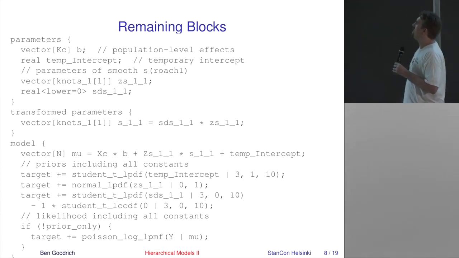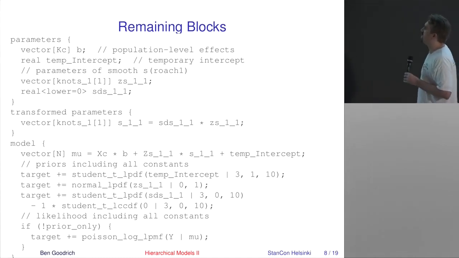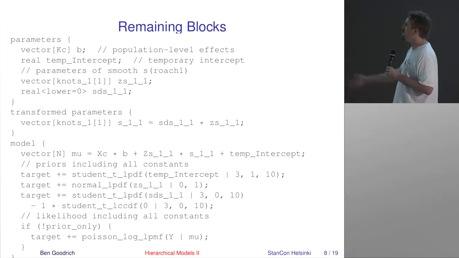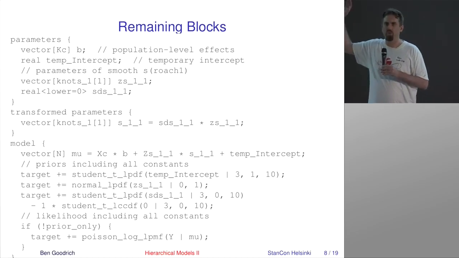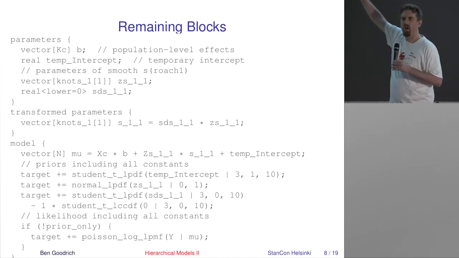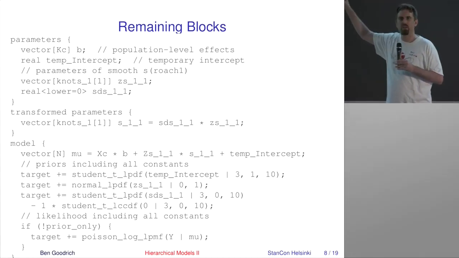And then, like I said before, the likelihood statement is just saying the logarithm of the expected number of roaches is equal to mu or eta here. Questions about how these lines play into it?